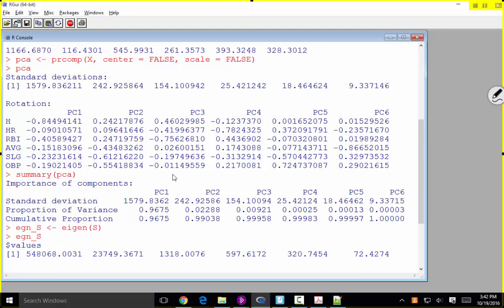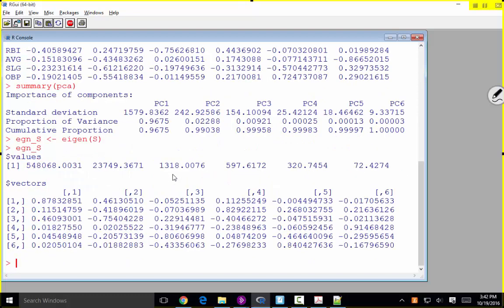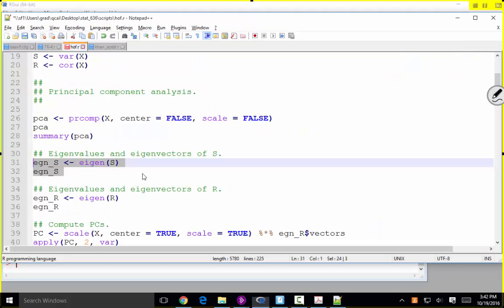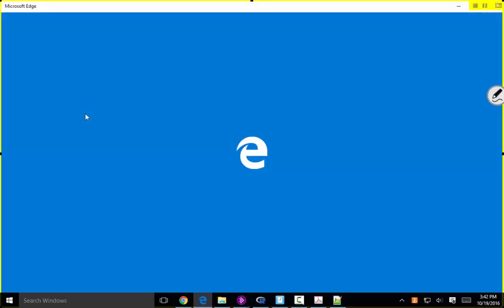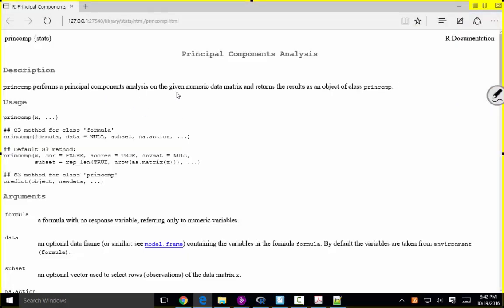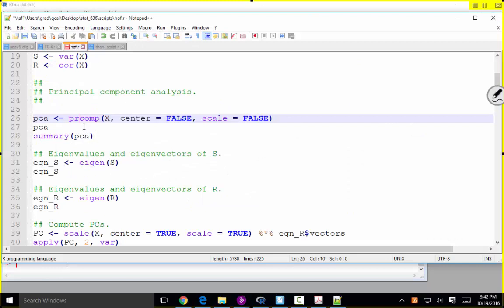Eigen S is eigen S. So slightly different. Let me try princomp. X scores. I'm going to try princomp.